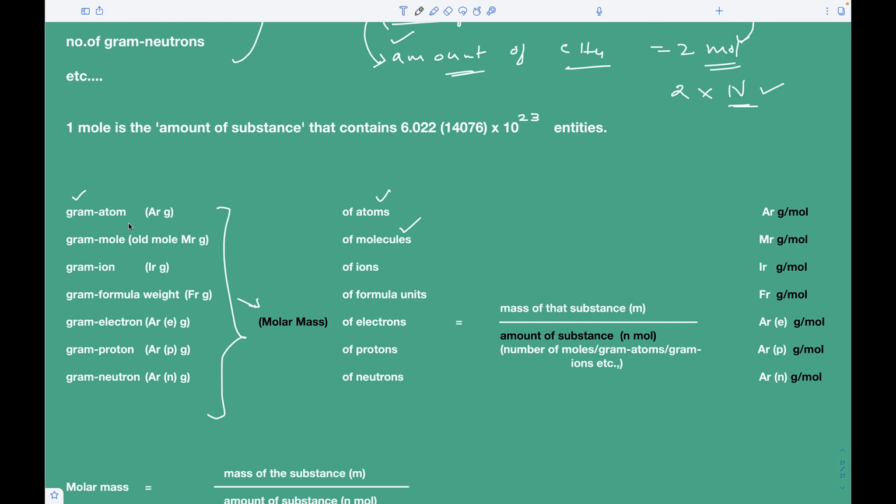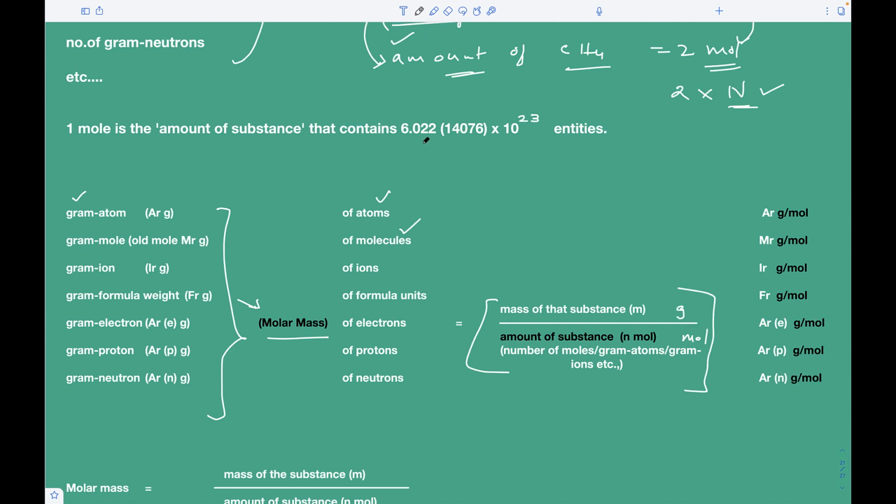But because all these different names are replaced by a single name, you must clearly indicate the kind of particle that you are talking about. And this is the definition of molar mass. It is the ratio between mass of the substance and amount of substance. And its unit is gram per mole, always.